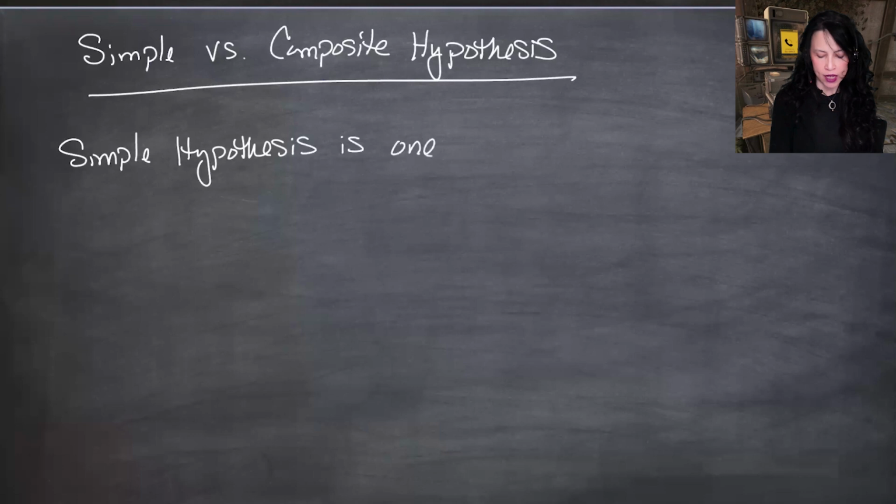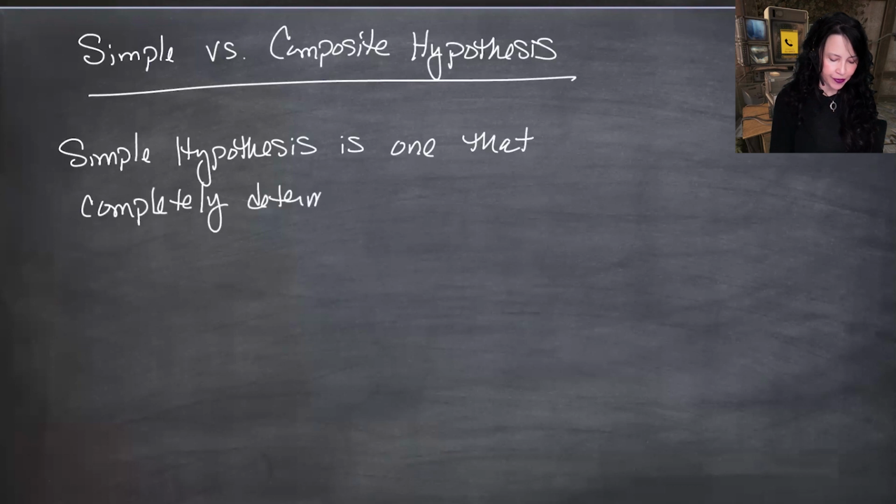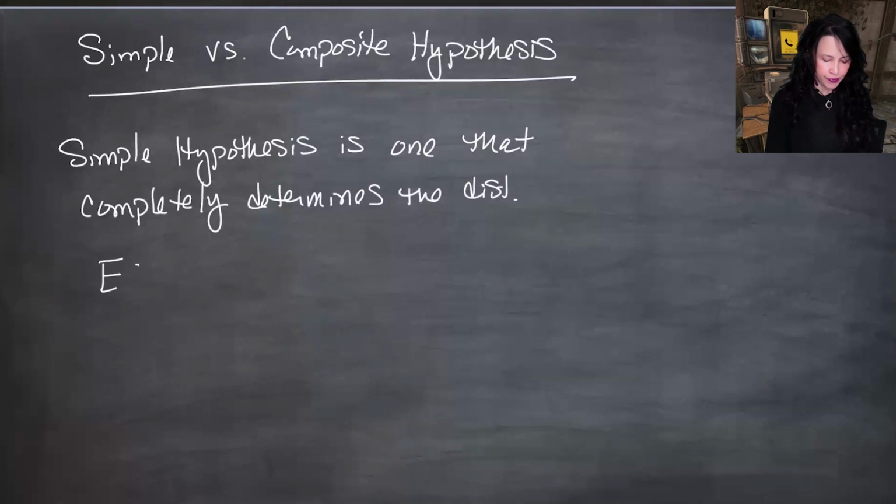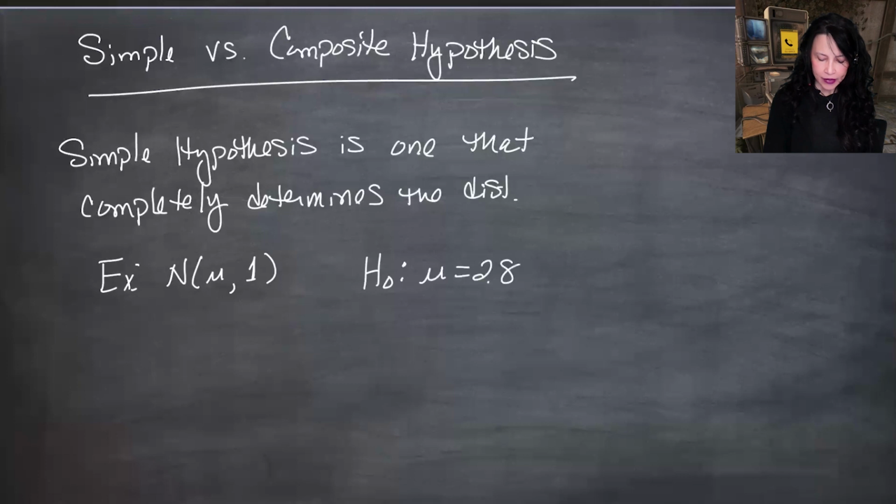is one that completely determines the distribution. For example, if we have a normal distribution with an unknown mean and say variance 1, the null hypothesis that mu is equal to 2.8 is a simple hypothesis, because if that hypothesis is true, we know exactly the distribution.